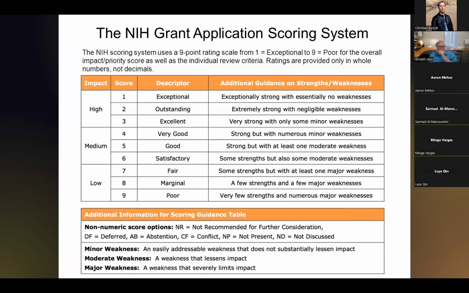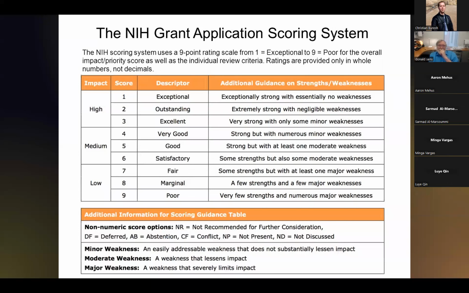So in that first high category, you're only looking at minor weaknesses to lower that score. You go into the medium, you still have very strong with some minor weaknesses. Very good, still strong with numerous minor weaknesses.